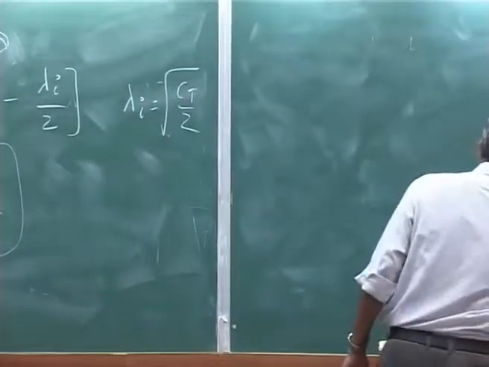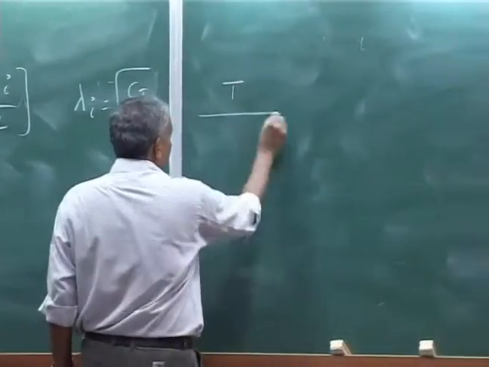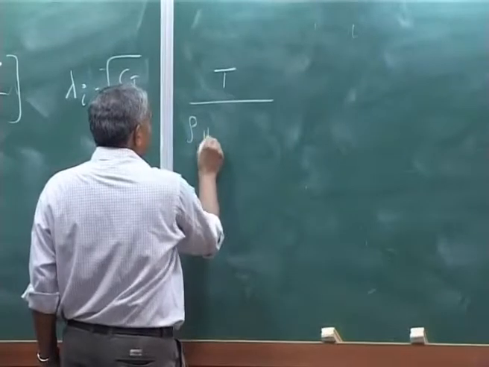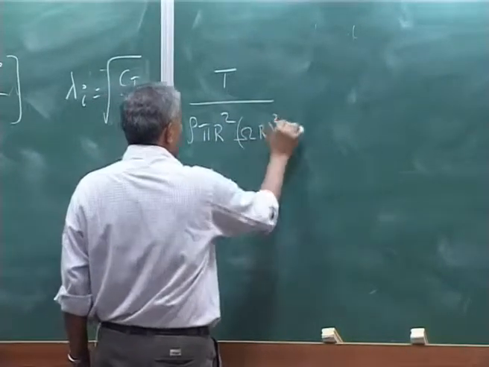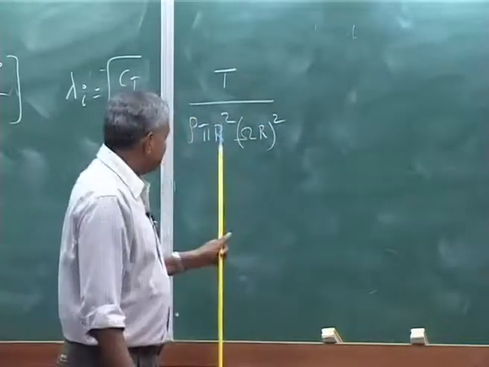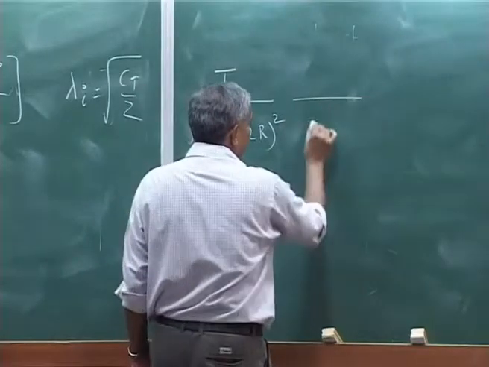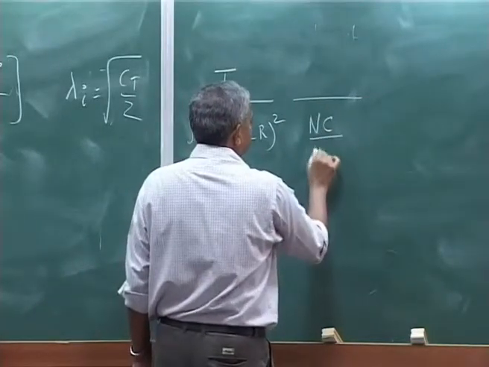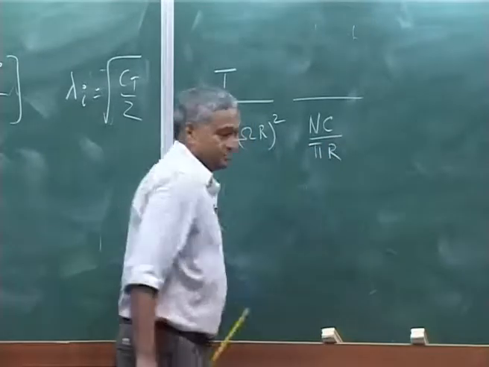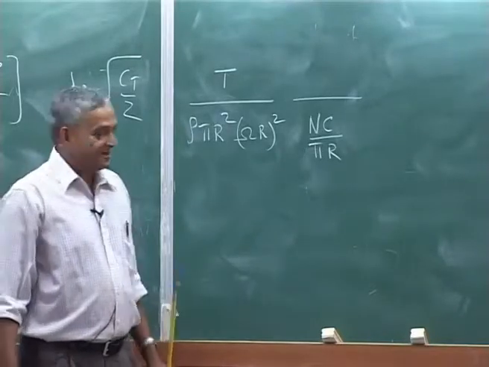Ct is thrust divided by rho pi r square, omega r whole square. And sigma is N c over pi r.